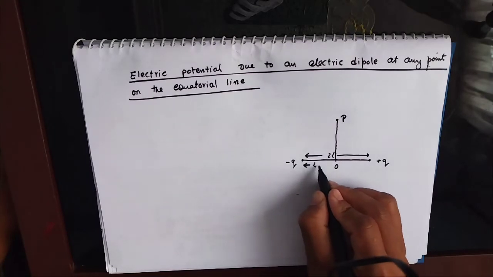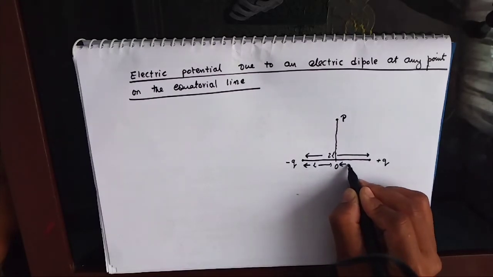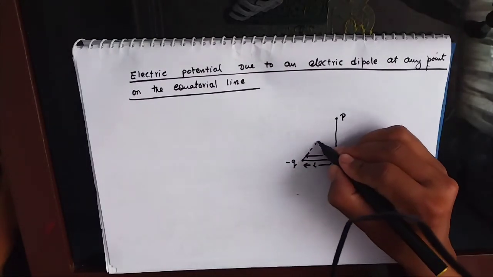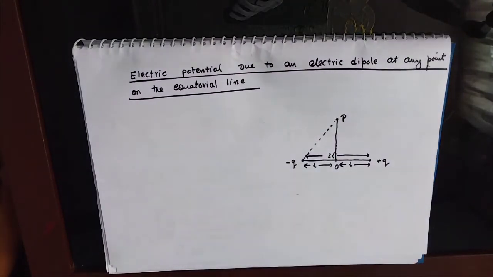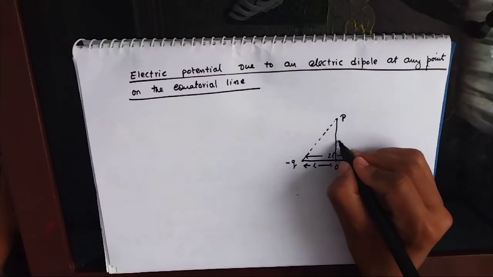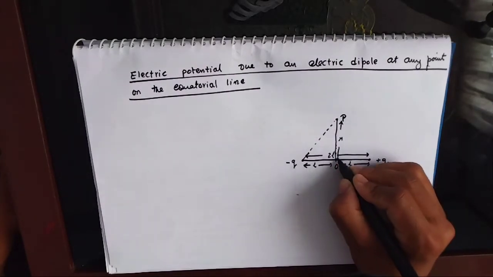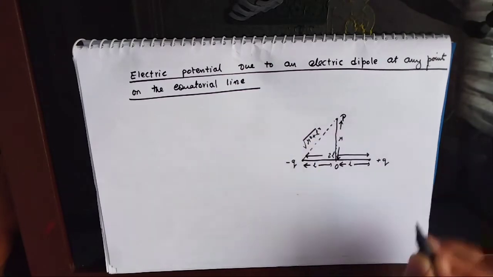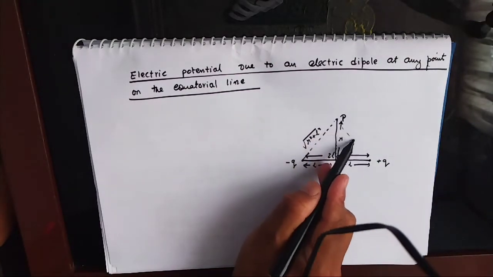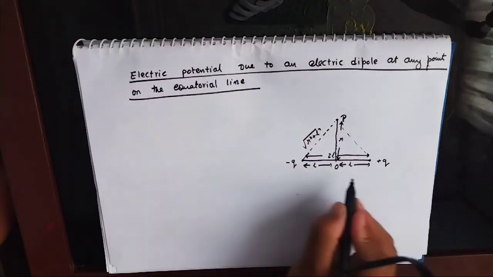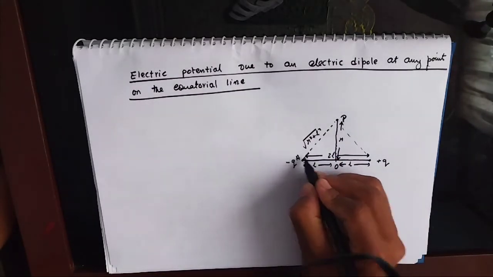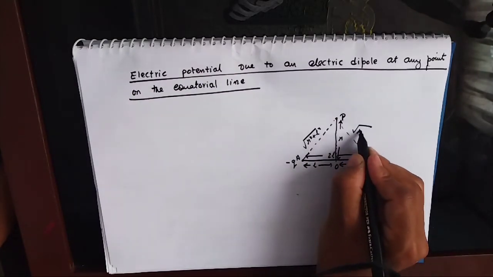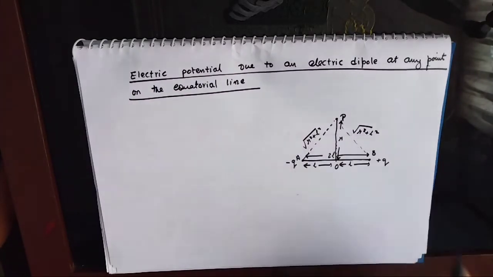From here to here, it is L. From here to here, it is L. Now say this one is R. If you apply Pythagoras theorem, this length BP is root over R square plus L square.